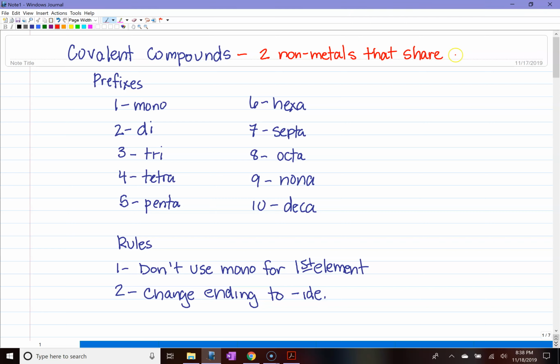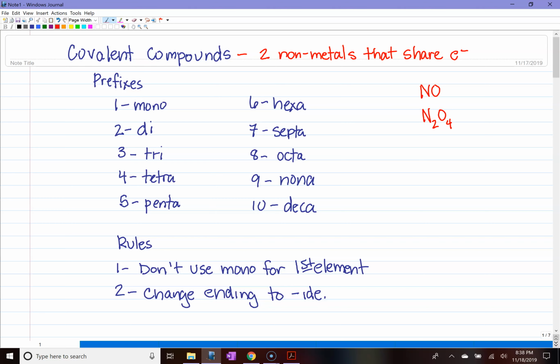Since there are several different compounds that can be formed, like for instance, we can have one nitrogen and one oxygen, or we could have two nitrogens and four oxygens, we have to use a little different method of naming these compounds. And to do that, we use prefixes.